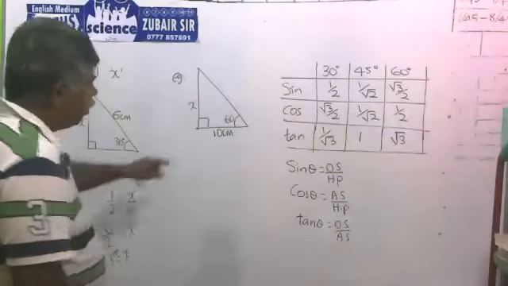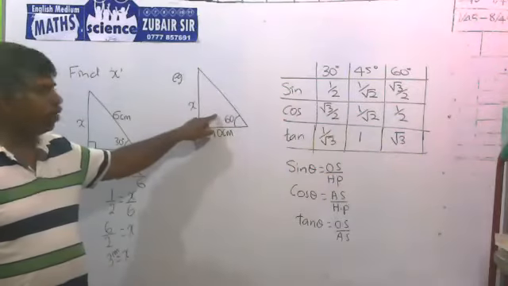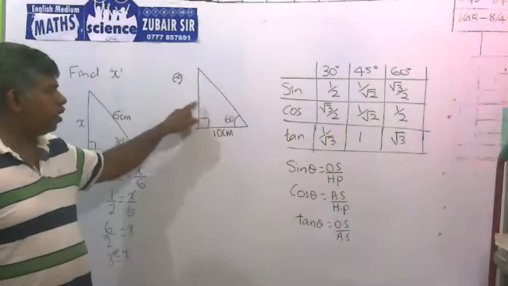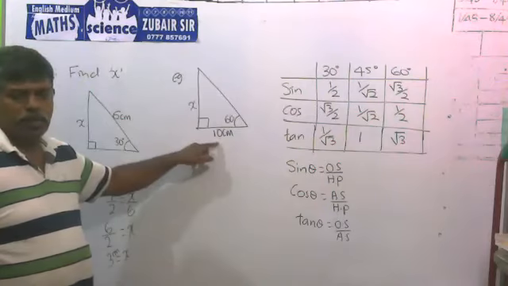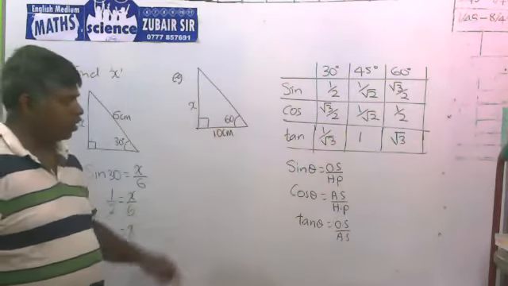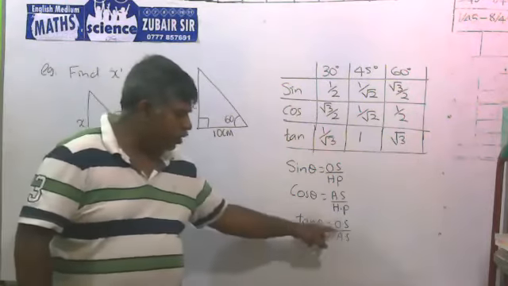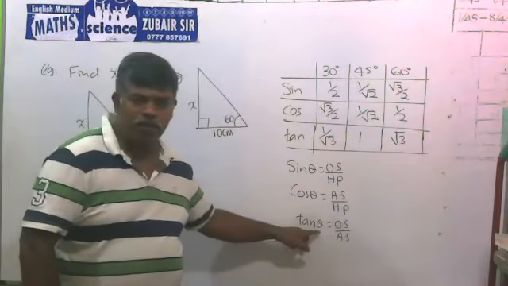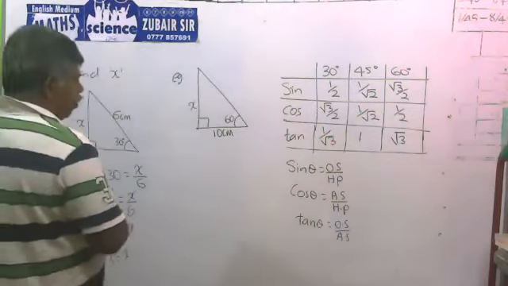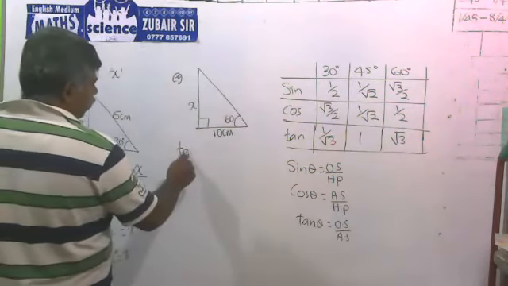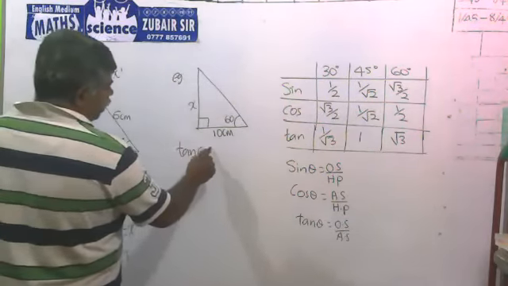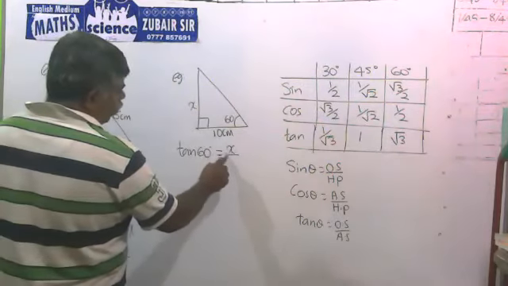Now here you can see 60 is given, opposite side and adjacent side are there. Then opposite is to be found. Opposite and adjacent means tan theta is to be used. Then we'll use tan 60. So tan 60 equals opposite over adjacent.